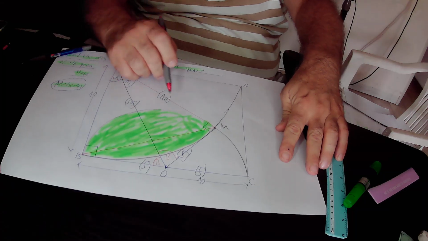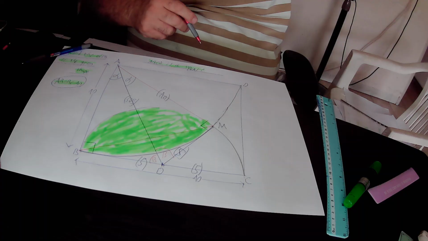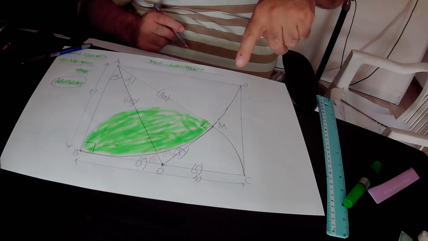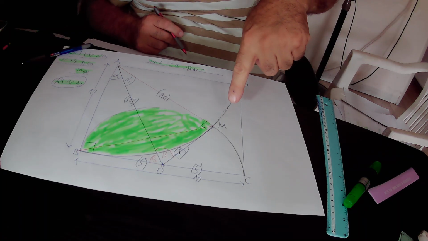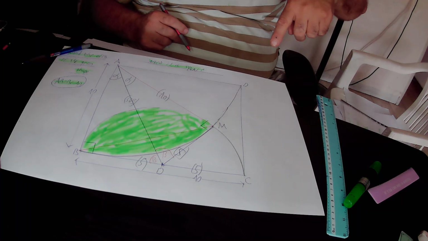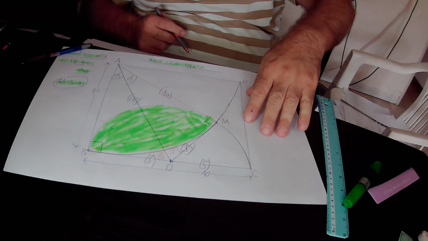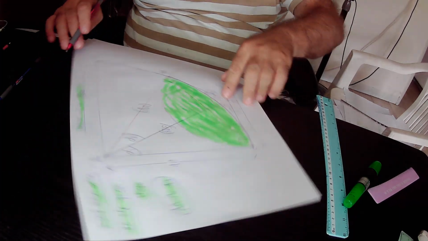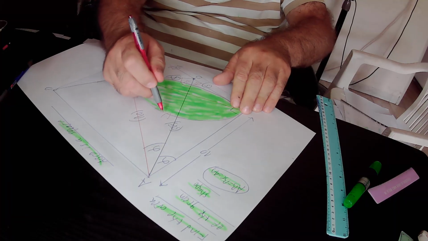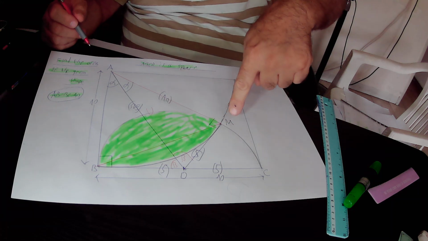By joining points M and B, we divided the green shape into 2 parts. The first part is the upper segment, and the second part is the lower segment. We define this upper segment as segment MUB, and we define this lower segment as segment MLB.